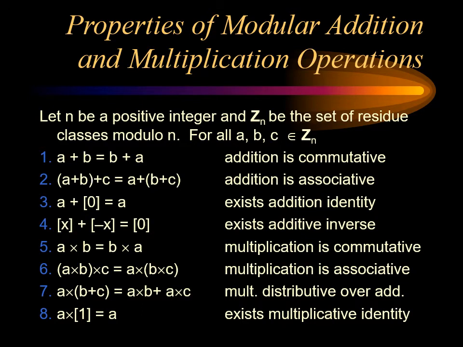And also there's the multiplication associative property, which means that A times B times C is equal to A times B times C here. And also you have a multiplicative distributive property over addition, which means that A times (B plus C) equals A times B plus A times C. So if you look at this, these are very similar to integers.